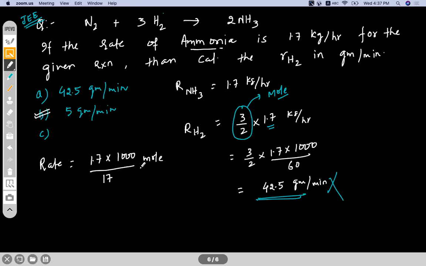In the denominator, we have to convert this into minute, so into 60 here. So this becomes mole per minute. So first kg to gram, then gram divided by the molecular mass gives you the number of moles, and the unit conversion of time. Understood, Mehul? Yes, sir. Right, so this you'll get rate in mole per minute. This you multiply by 3/2, you'll get the answer.